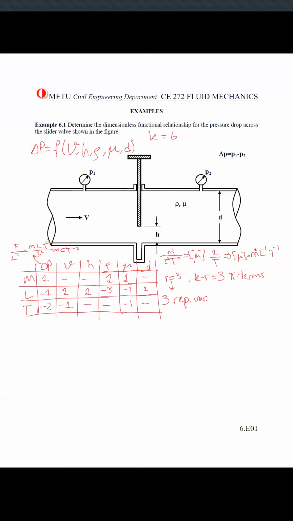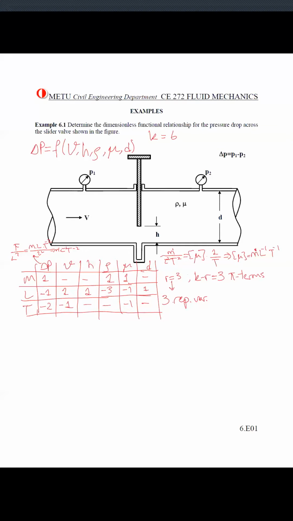We cannot select H and D together, for example, because those also form a dimensionless variable. And we need to select one for geometric property, one for fluid property, and one for flow property. For geometry property, we can select either H or D.